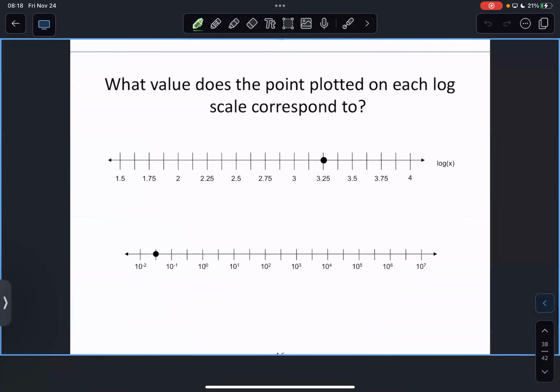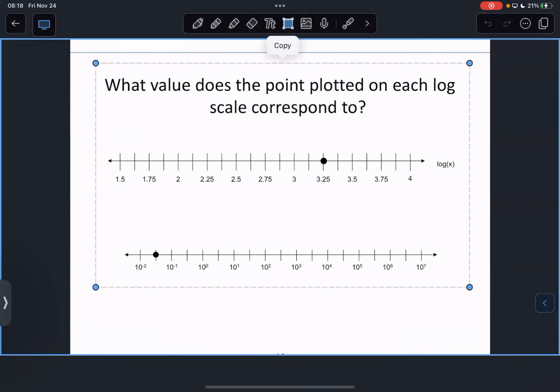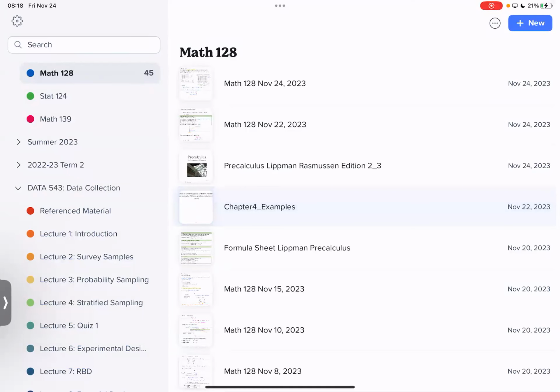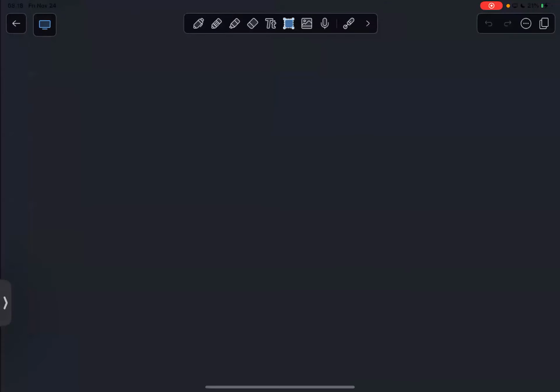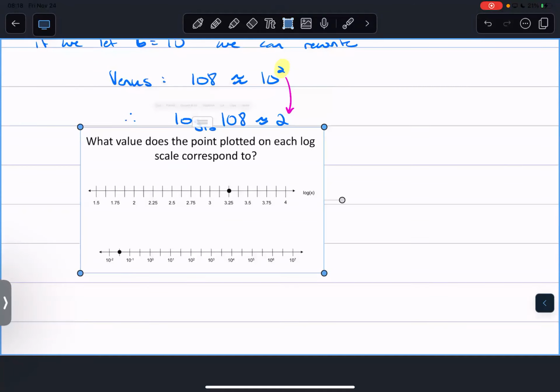And we're not going to do this one, but let's do this one. It better have copied. There.